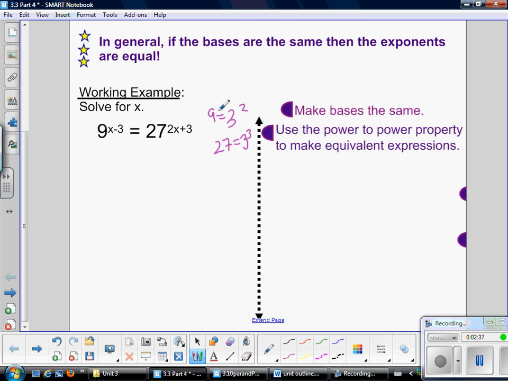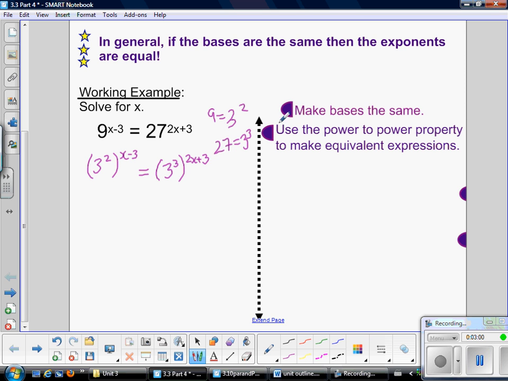I'm replacing 9 with this, and 27 with this one. So we end up with 3 squared, but that 9 was to the power of x minus 3, and our 27 we changed to 3 cubed, which is to the power of 2x plus 3.